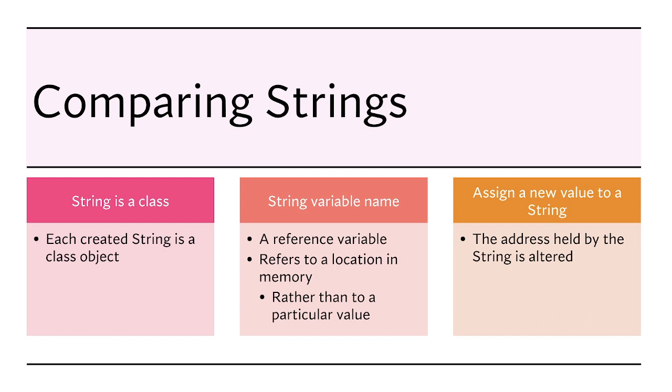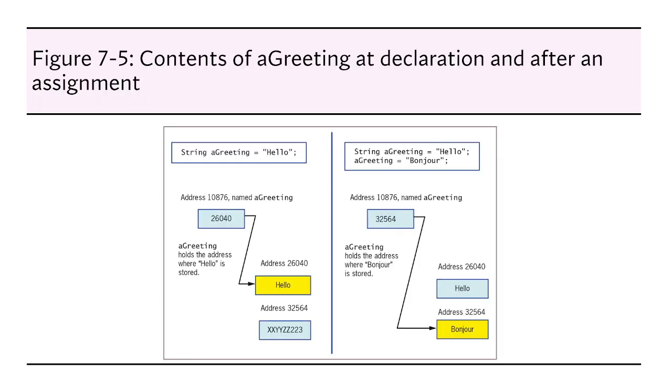When you compare strings, know that each created string is a class object. So the variable name is a reference variable that references that location in memory rather than the object's value, as we discussed with equals and double equal signs. When you assign a new value to a string, the address held by the string is altered, and it looks like this.